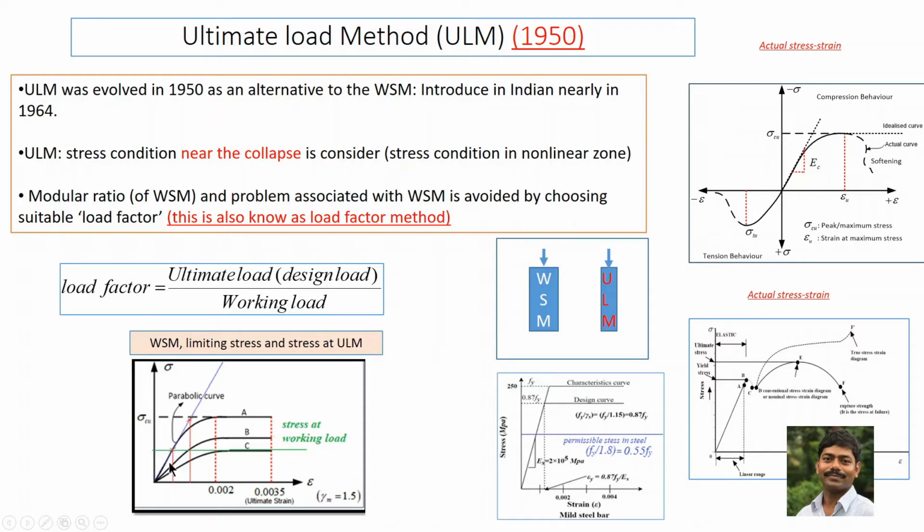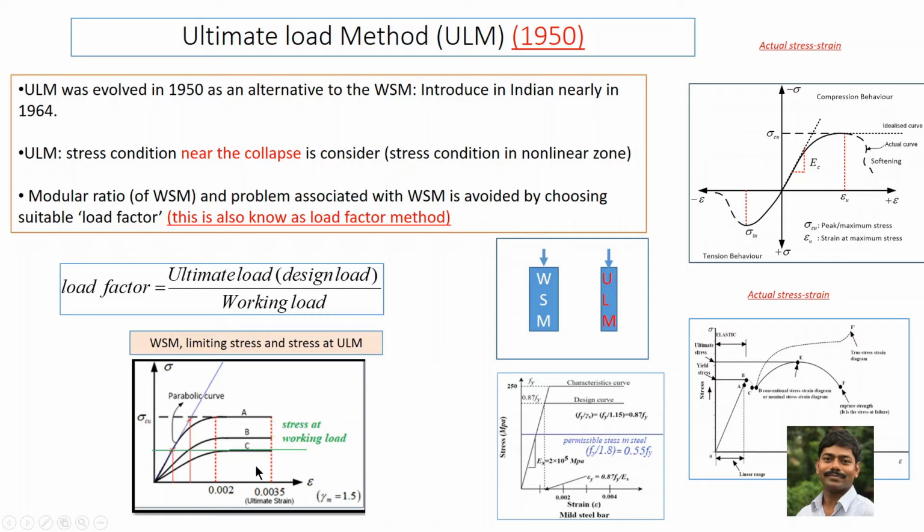This value corresponds to 0.33 fck. If you multiply with some factor of safety, this value will reach somewhere here. I am saying this because I already used this graph to define the permissible stress for the limit state method.